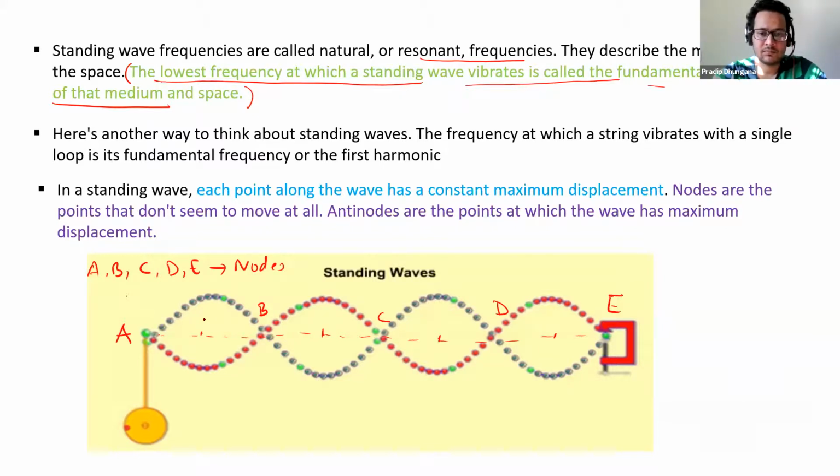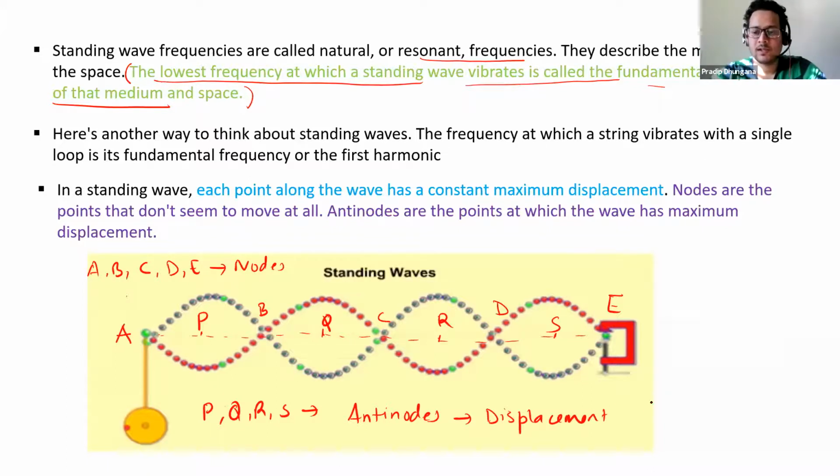Then I'll write P, Q, R, S. Those points P, Q, R, S are called antinodes, and at antinodes the displacement is maximum. There are several questions related to nodes and antinodes in your mastery test, okay?